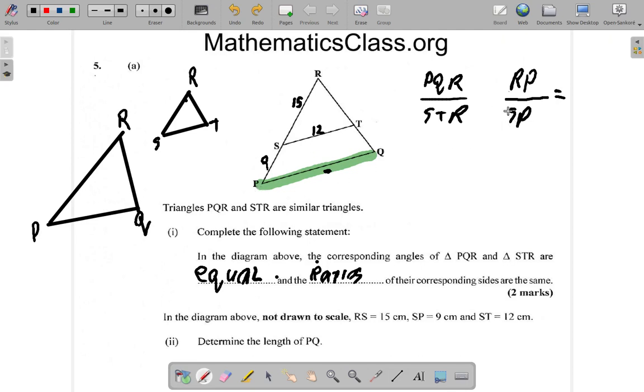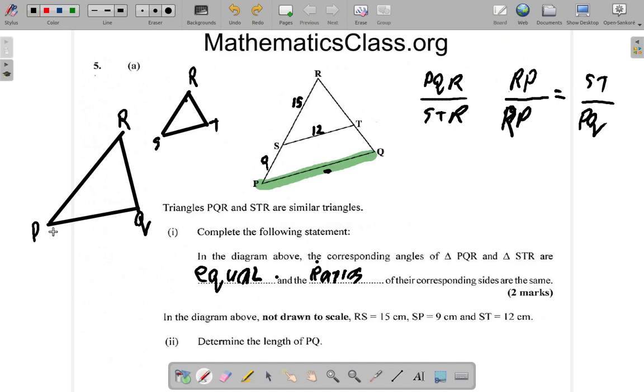The ratios are going to be in the same ratio. This side, S to T, over P to Q, same thing, PQ. You see that? ST is on the small triangle, yeah.